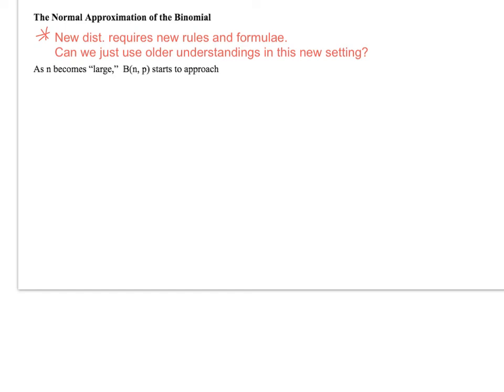Really, there's only a little bit of criteria that is necessary to be able to do a normal approximation of the binomial. And it relates to this statement here. As little n, so as the number of observations becomes large, the binomial B(n, p) starts to approach N(mu, sigma). And the question is, what's large?